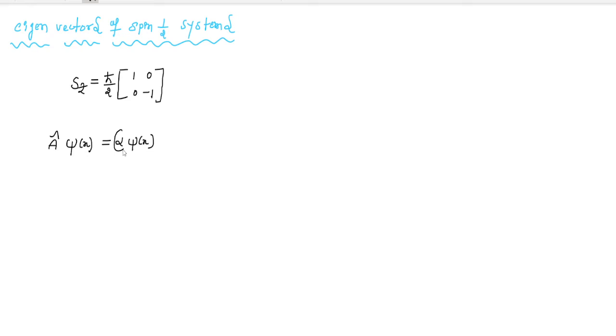This constant value is called the eigenvalue of the system. This wave function is called the eigenfunction of the system, or eigenvector of the system.